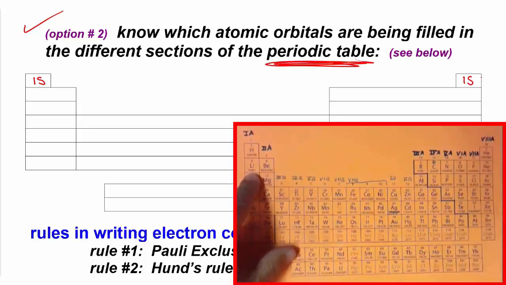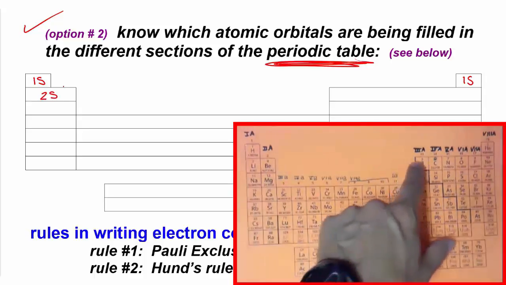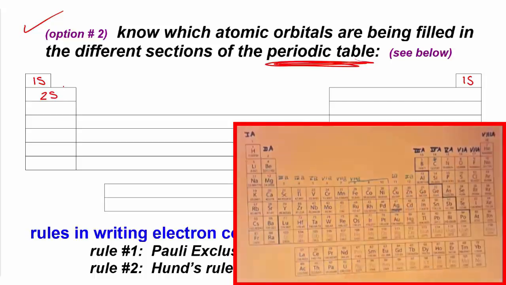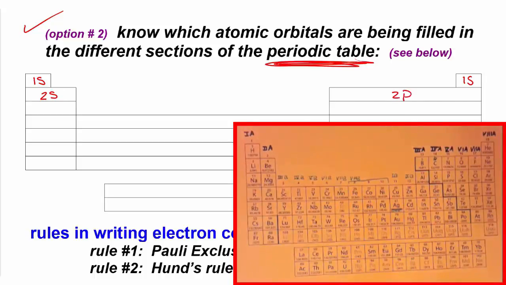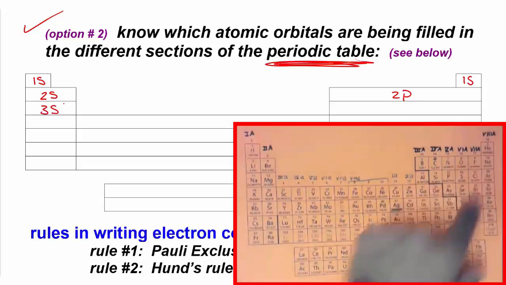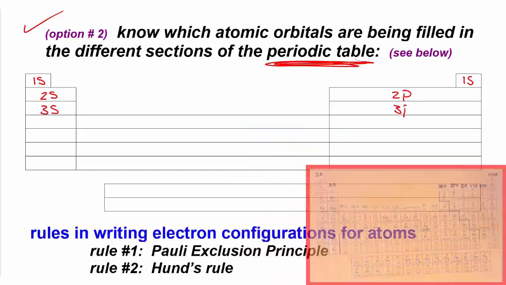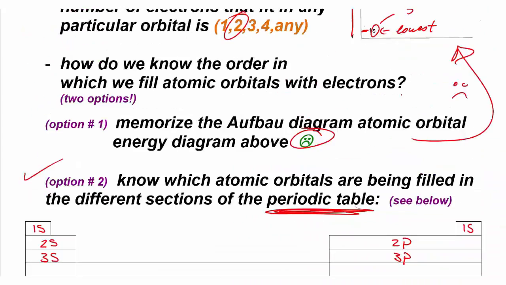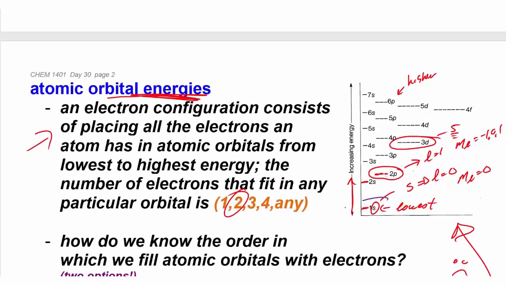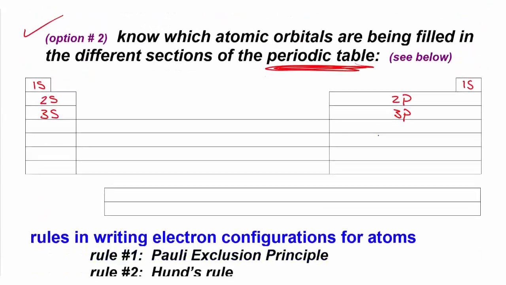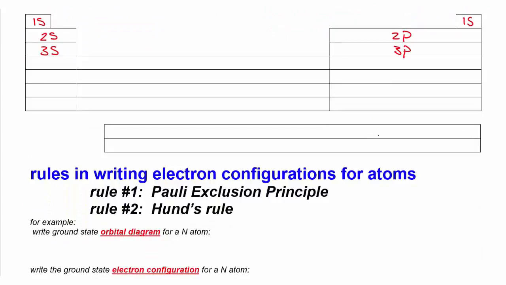Now the next energy is 2s. And then we're filling 2p. 3s. 3p. Notice that we are following Aufbau's principle: 1s, and then 2s, and then 2p, 3s, 3p, 4s. Same thing. It's a lot easier though.